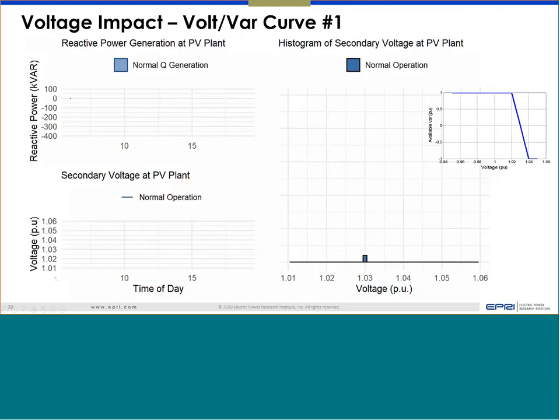Let's move on. Actually, I have one more video, so you can see a similar thing, but a little bit different. Here you'll see a comparison with a unity power factor day of operation. In the first half you'll see a day when it was unity power factor, so most likely you will not see any reactive power, and voltage will be more widely distributed. Then in the second half, you'll see a second day when this Volt-Var function was activated.